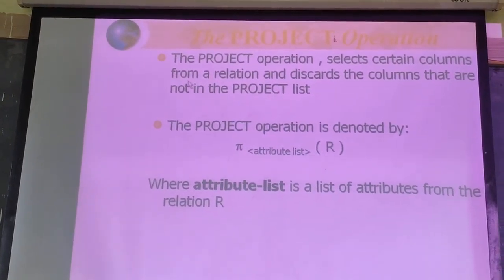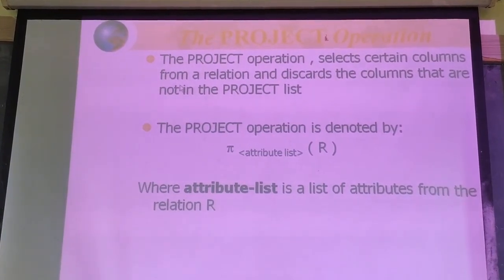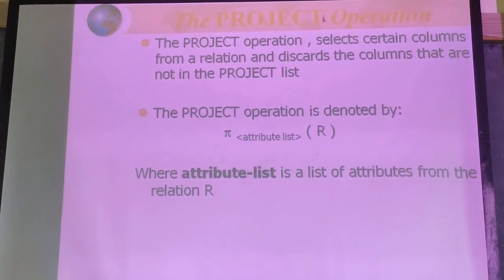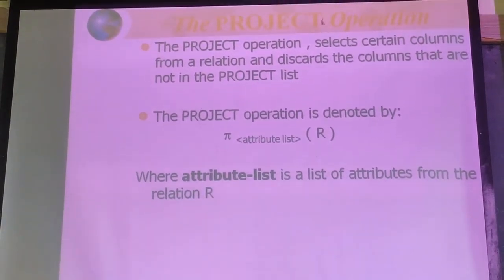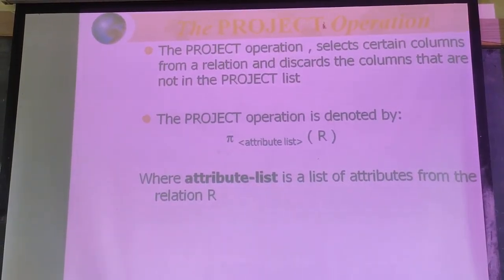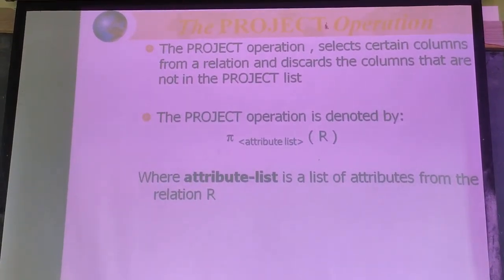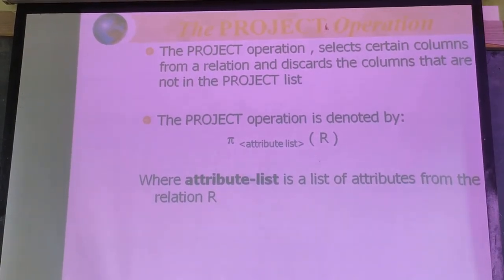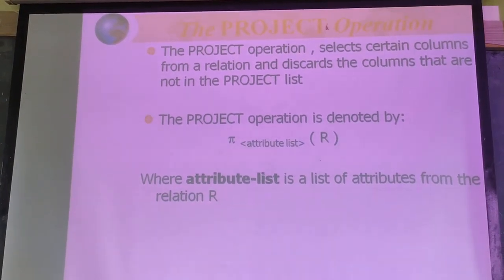Like that we have the project operation. What is the meaning of project? The project operation is used in a relational database to select only columns from the relation or a subset of the relation. In the select operation we choose only tuples or rows from the relation, but in the project operation we select only columns, because a relation defines a set of rows and columns.